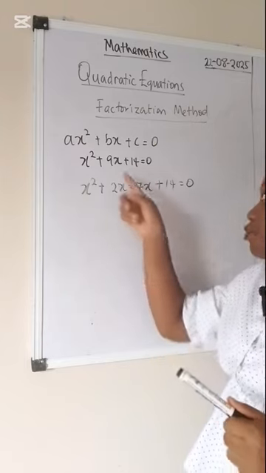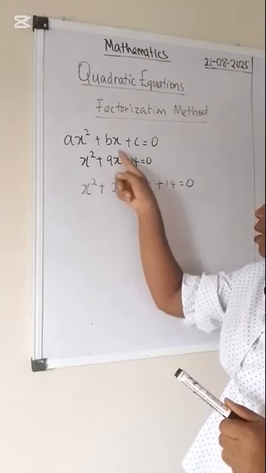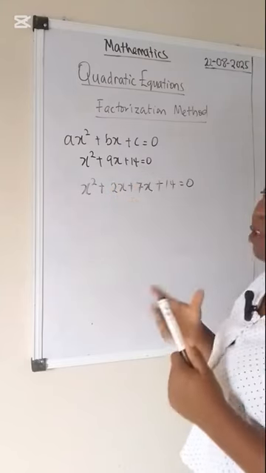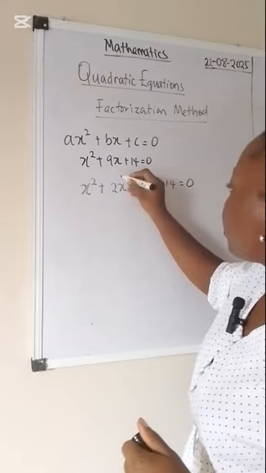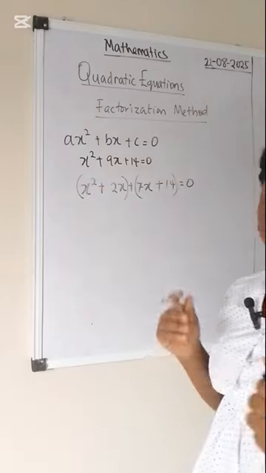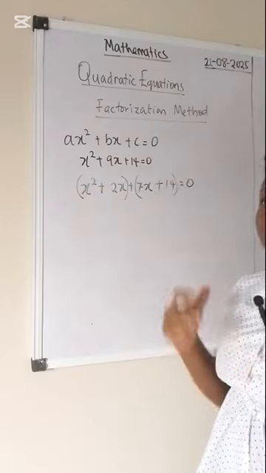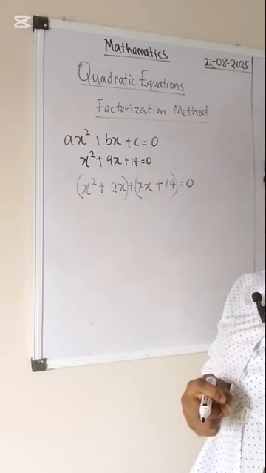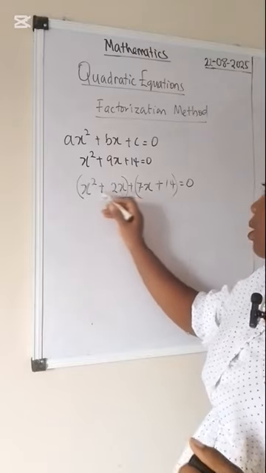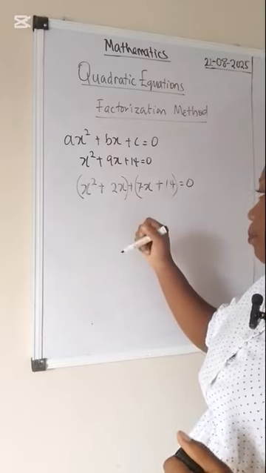When you get it, replace this term here with those two factors like this, so that you can put them in factors essentially. You're going to put a bracket here and a bracket here because we want to factorize out x. We want to bring at least one x out of the mix. What's common here is x.